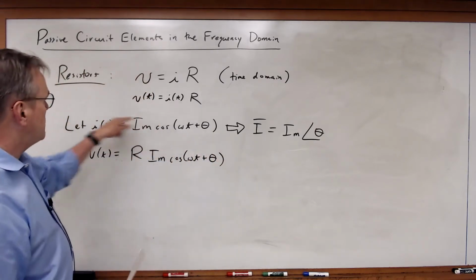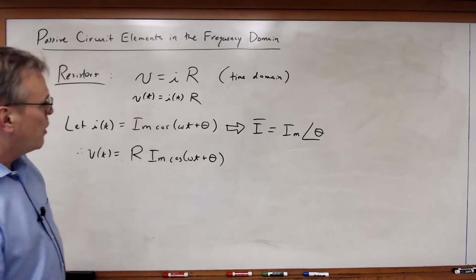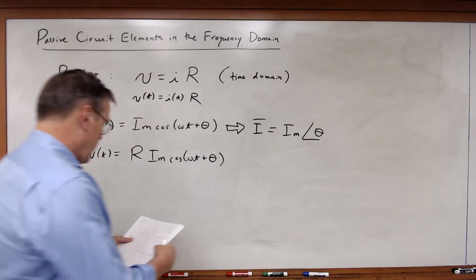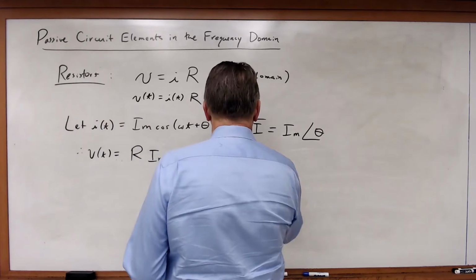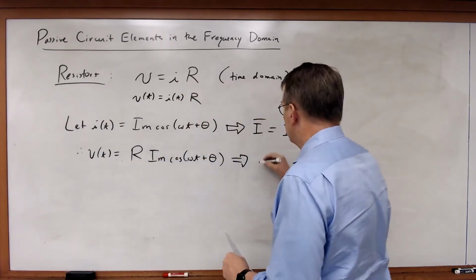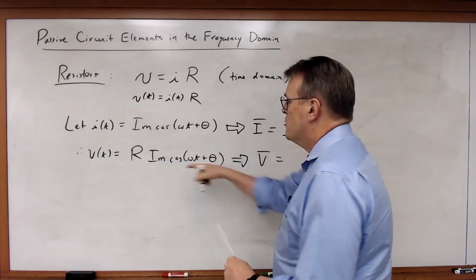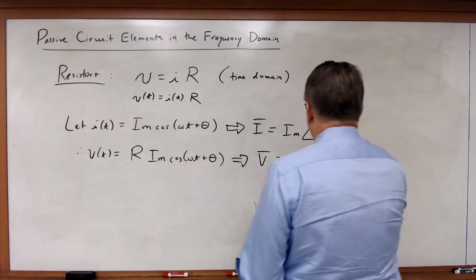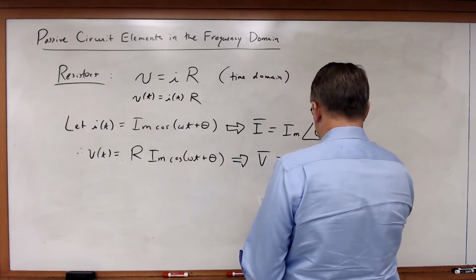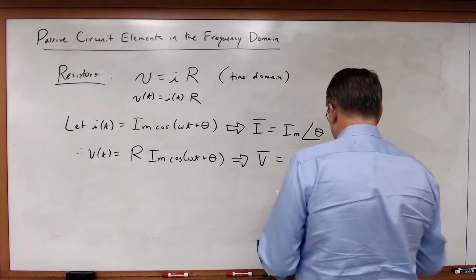So just substituting this equation into Ohm's law. And that means I can convert the voltage into a phasor, which will have a magnitude of R times Im at a phase angle of theta.